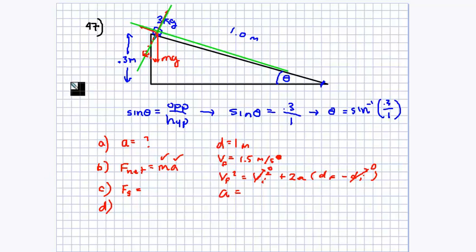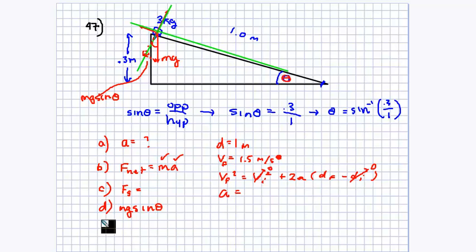If we're asking for the component of the gravity force along the ramp, we are talking about this force right here, and that force should equal mg times the sine of our same angle theta that we have previously calculated. So question D is looking for mg sine theta.